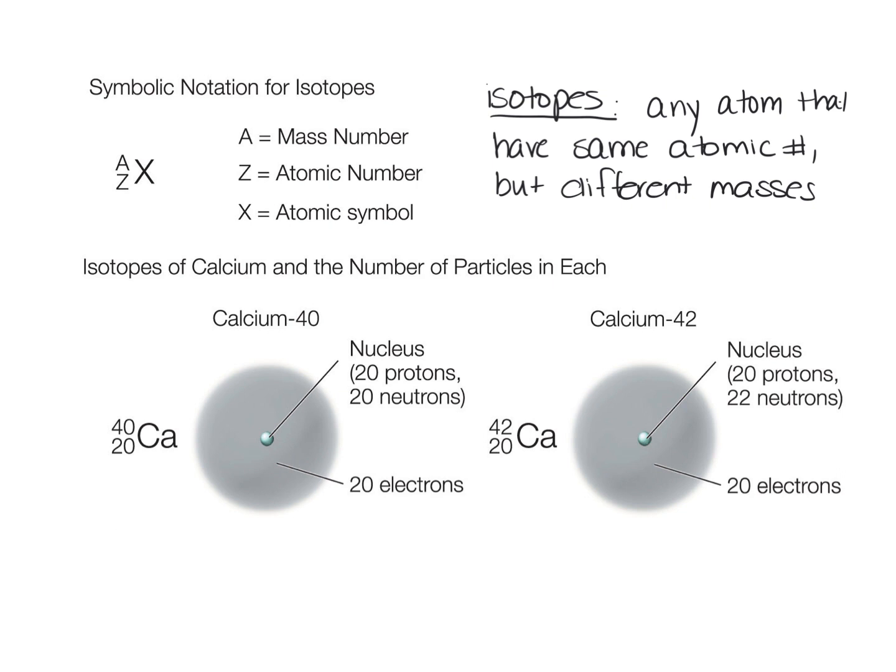Okay, so we have the same atomic number, we have different masses, and the reason we have different masses here is because we have a different number of neutrons.